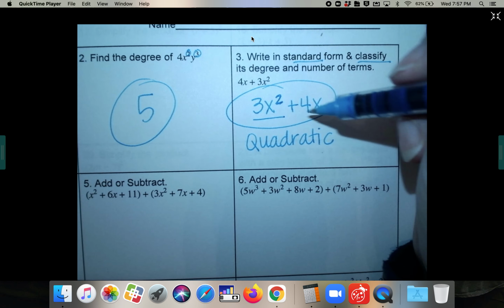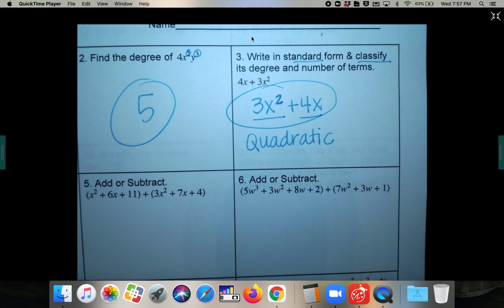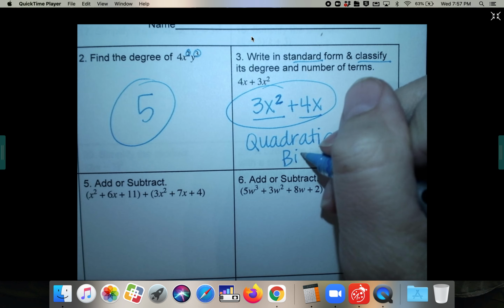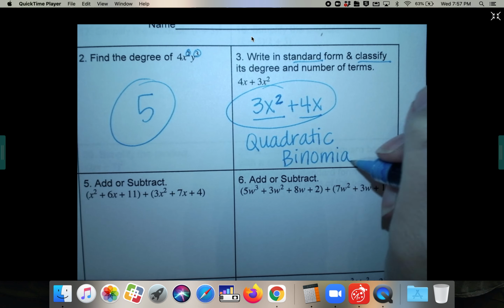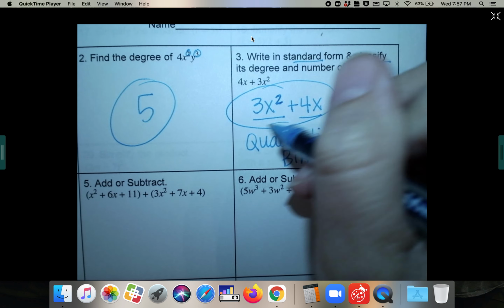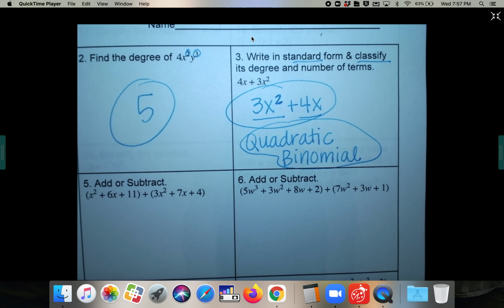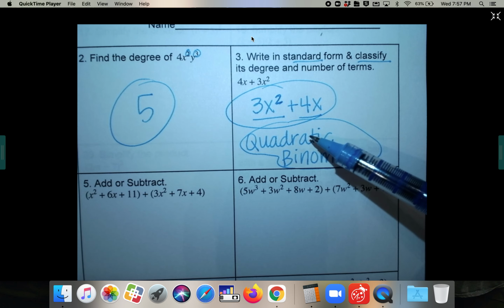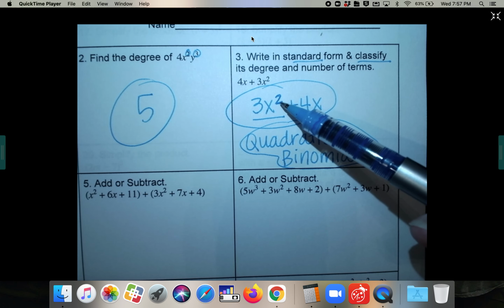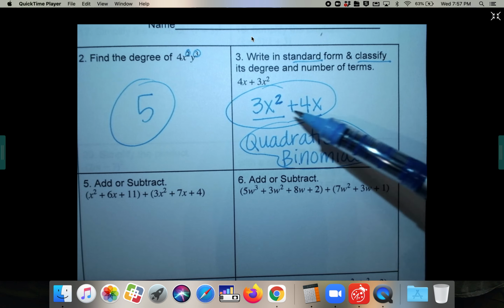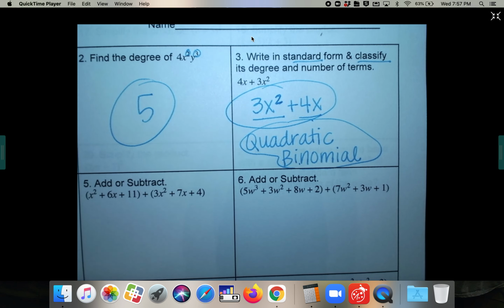And since there are 2 terms, it is a binomial. You need both. You need to write the words quadratic and binomial, and that is its classification. So we rewrote it in standard form, and then we classified it as a quadratic because of the exponent and a binomial because there are 2 terms in the problem.